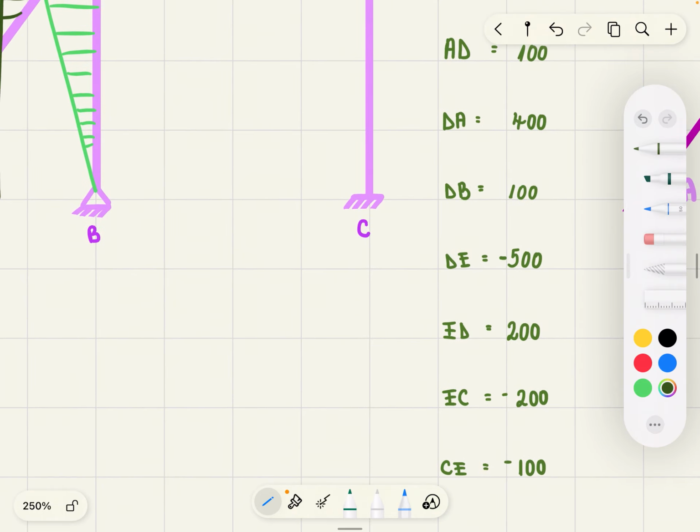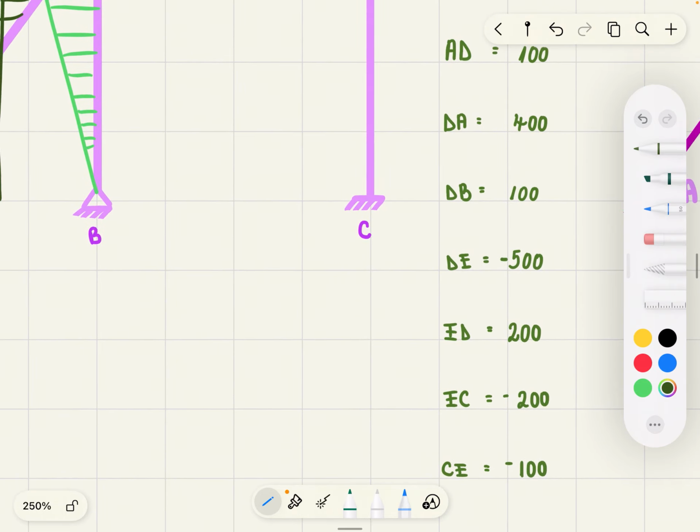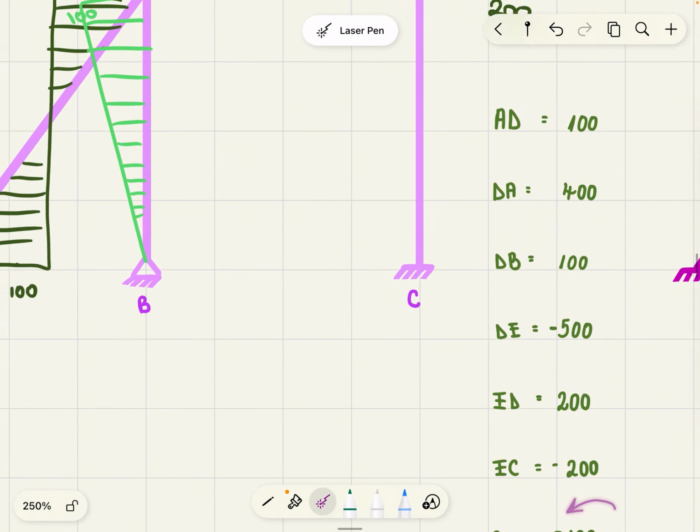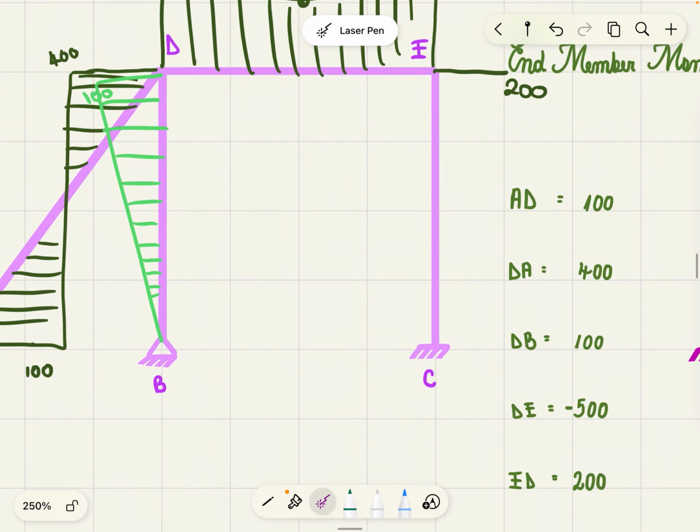And for CE, we have minus 100, so anti-clockwise end member moment for CE. So clockwise for the nodal moment, and this nodal moment determines that this side is going to be under tension, because you can imagine it kind of being taken this way.